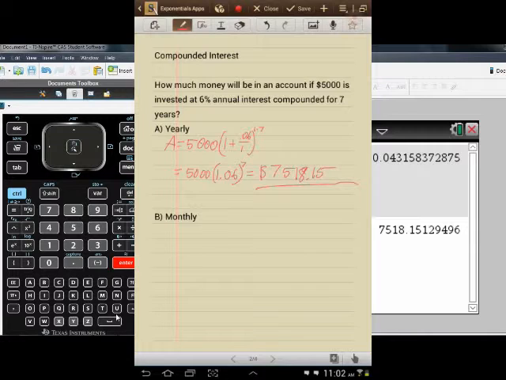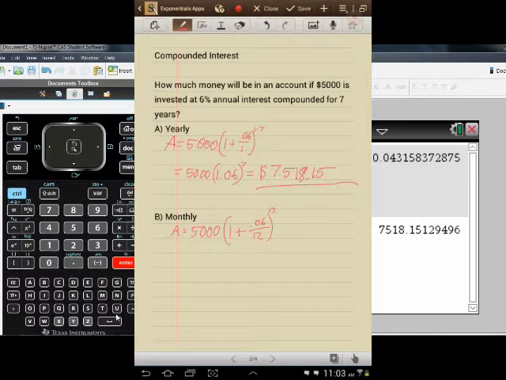Okay? Alright, monthly. It's the exact same formula. The amount is going to equal the initial value, 100% of what we had, plus 6%. But we're doing this every month, so we're going to divide that 6% by 12. That's the portion of the full percent we're going to get every month.